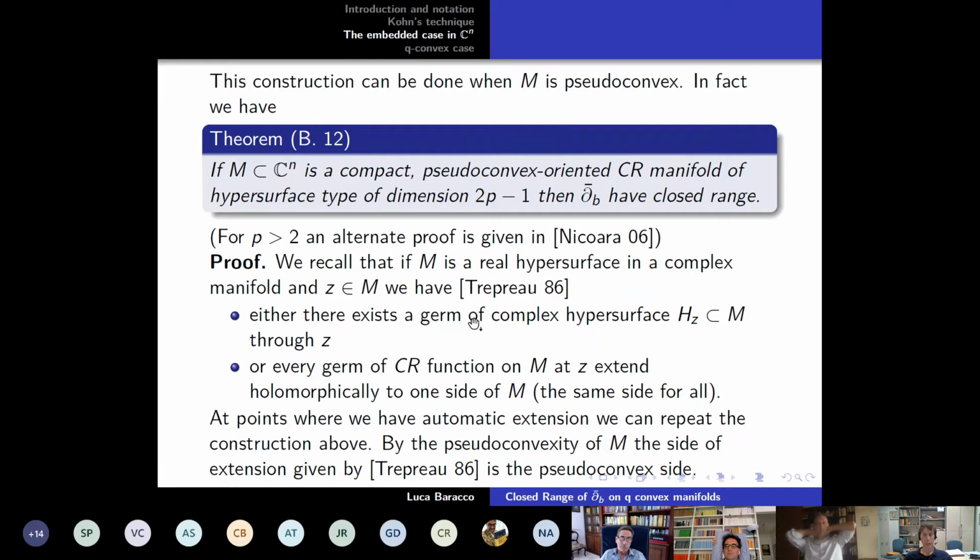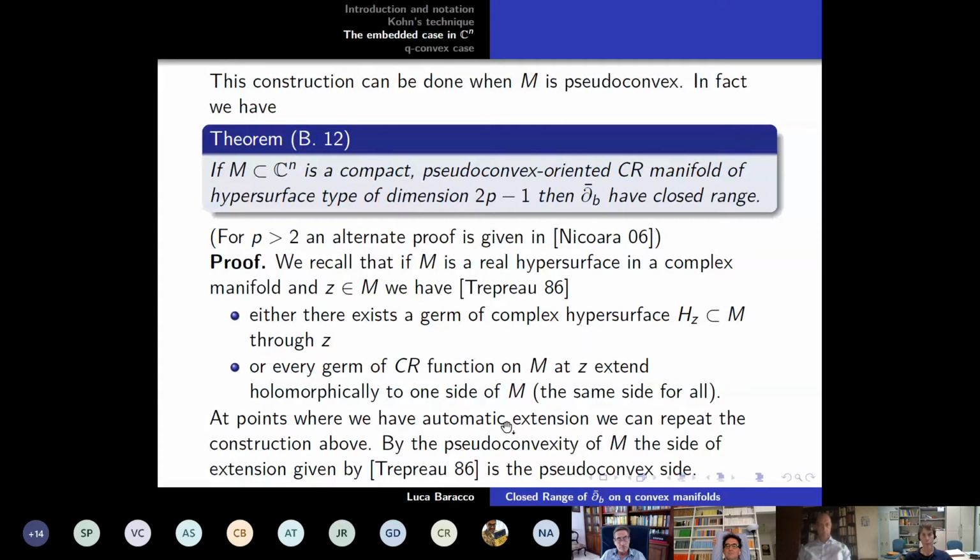Either there exists a germ of a complex hypersurface, H_Z, contained in M through Z, or every germ of CR function on M at Z extends holomorphically to one side of M, and the side is the same for all germs.